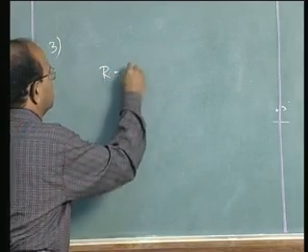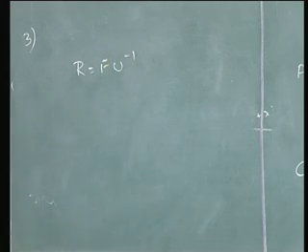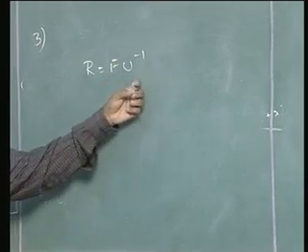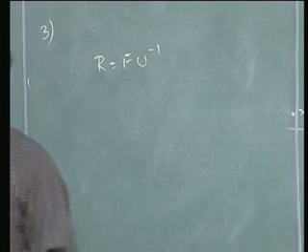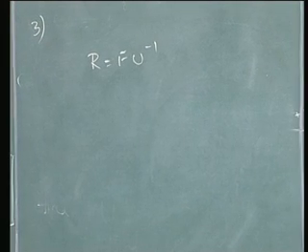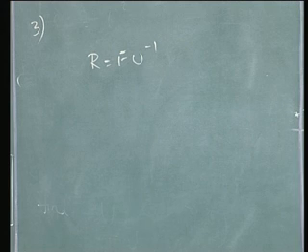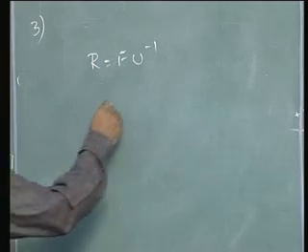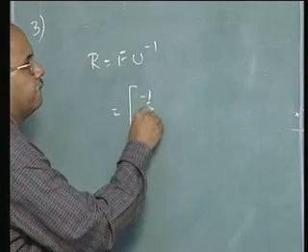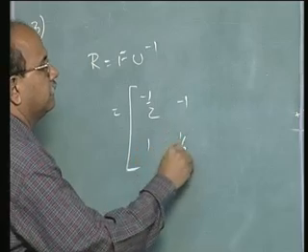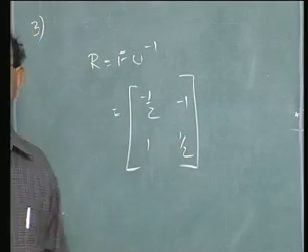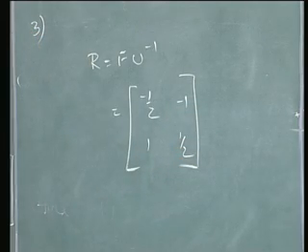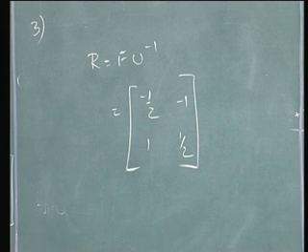R is equal to F U inverse, F you already know, invert U to get U inverse and then. Please attempt all the problems as we go along.